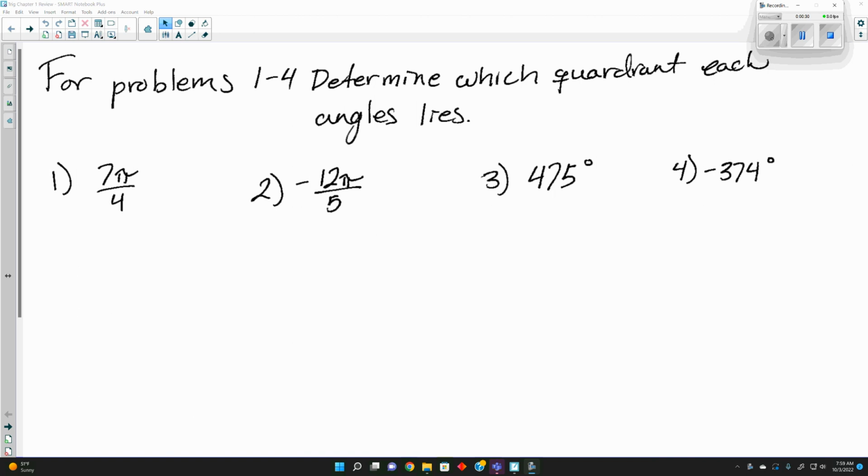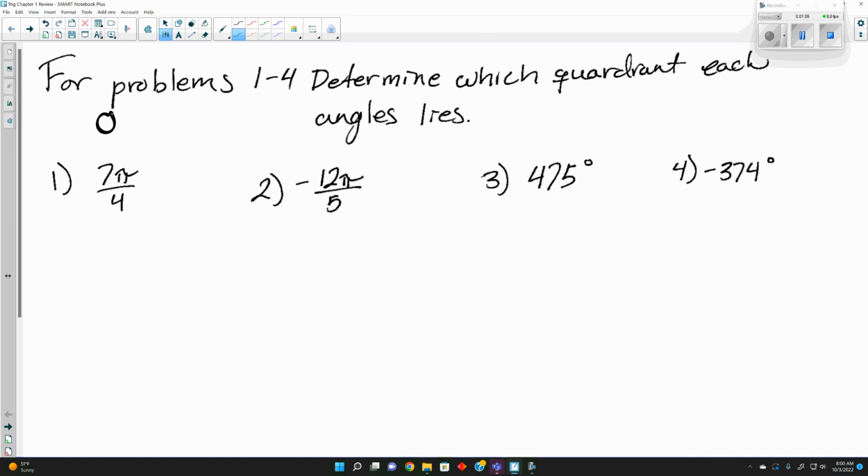So problems 1 through 4 determine which quadrant each angle lies. So again, on the test you can use your unit circle, and that's going to be somewhat helpful, especially for determining quadrants. So if we look at this here, we can do some of each. But one of the biggest, or kind of I find helpful with doing this here, is either one, I didn't mention this in the lessons, but you could go and try to trace around between 0 and 360, kind of adding it up to it.